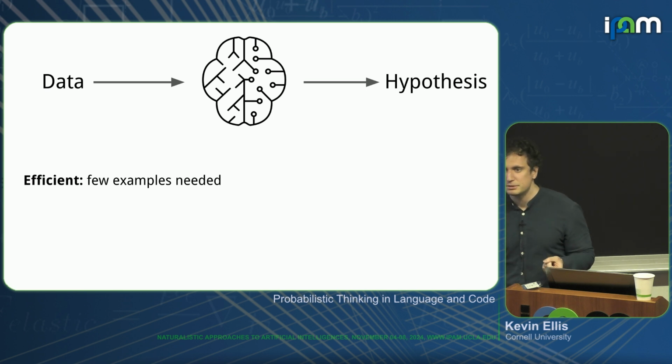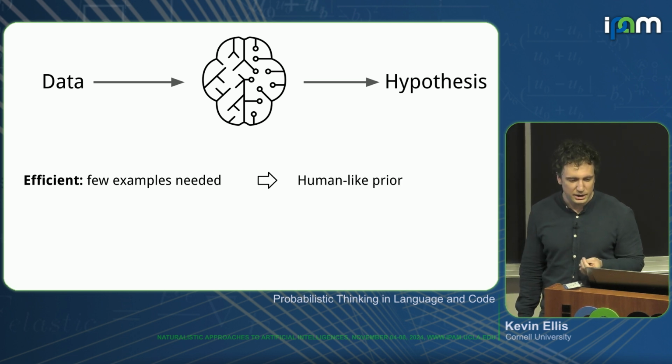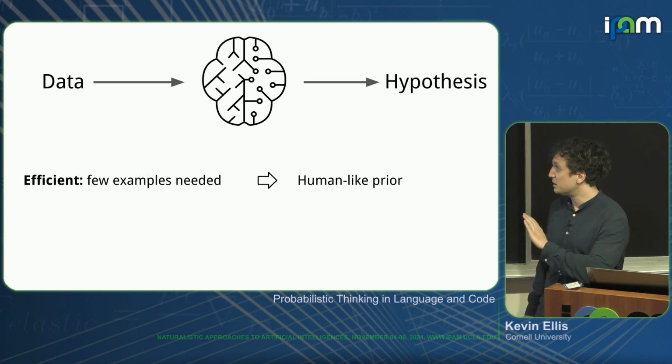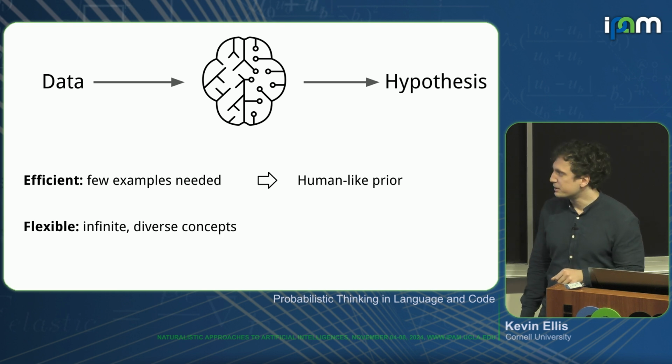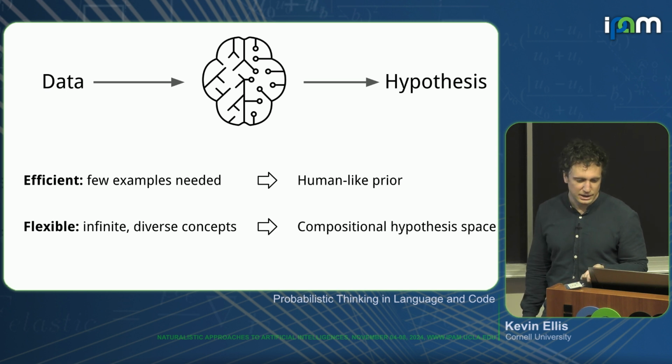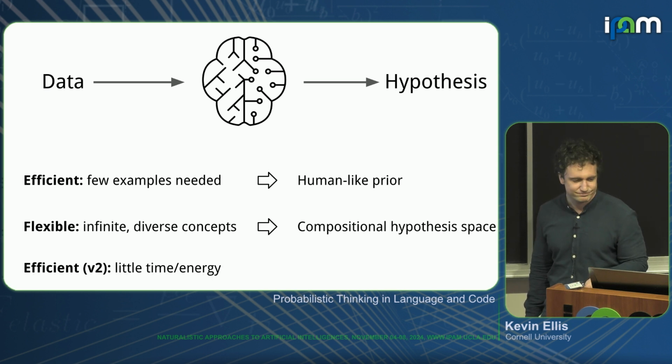So by efficiency and flexibility, I mean the following things. One is we want to be sample efficient. We want to learn from a few examples. This means that maybe we need a good prior or inductive bias. Being flexible means, though, that we can learn infinitely many diverse concepts. And I'm going to try and do this by building a compositional program-like space of things you could learn.